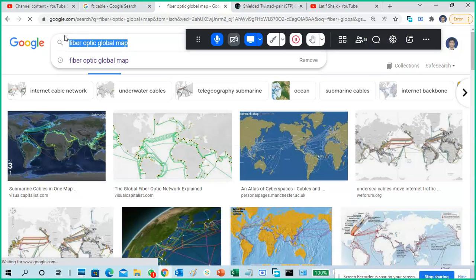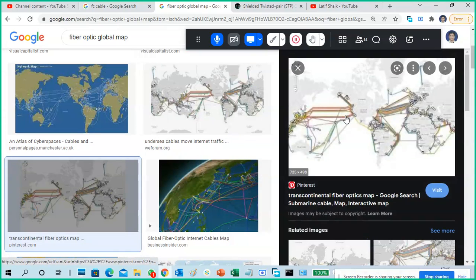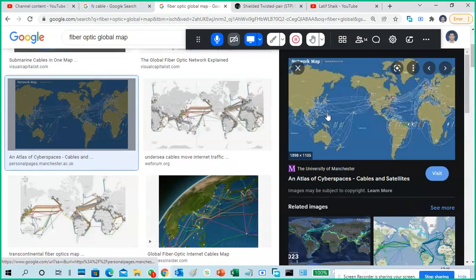Fiber optic global map. Okay, see, this is our global mapping.